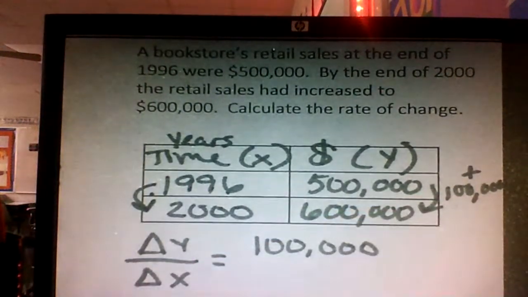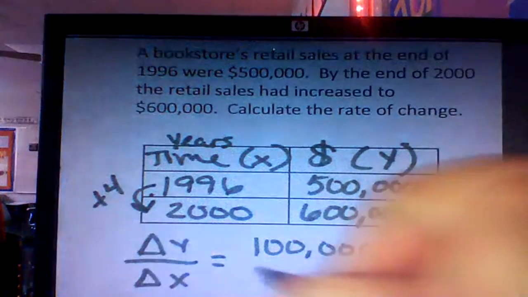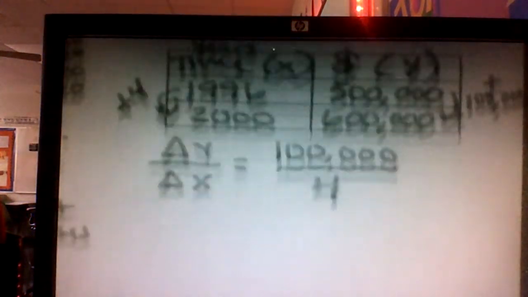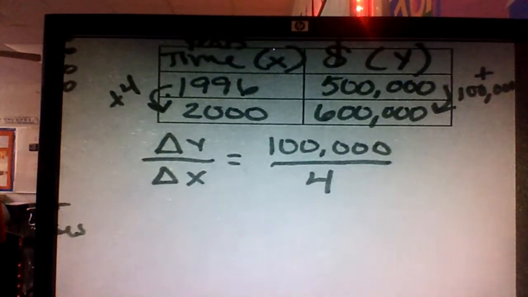What's my change in X? 4. So we actually need to divide 100,000 by 4. 25,000.